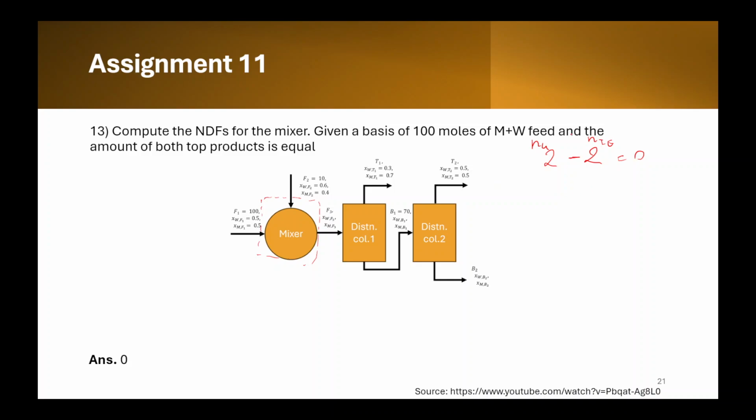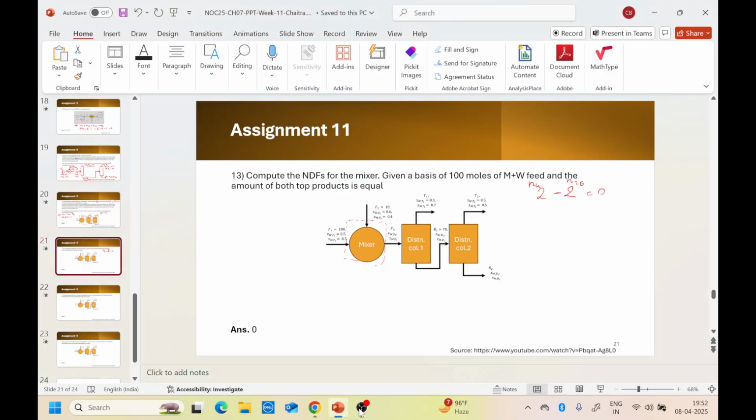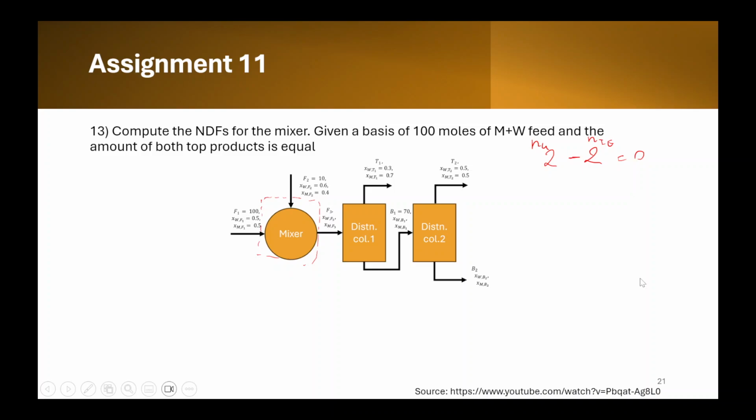Why two number of independent equations here? Can anybody tell me? Number of independent equations are two because you will only consider the material balance equations here.